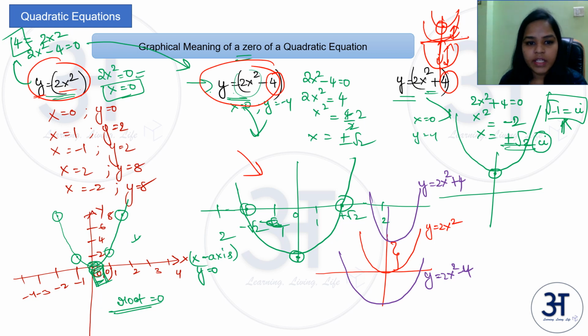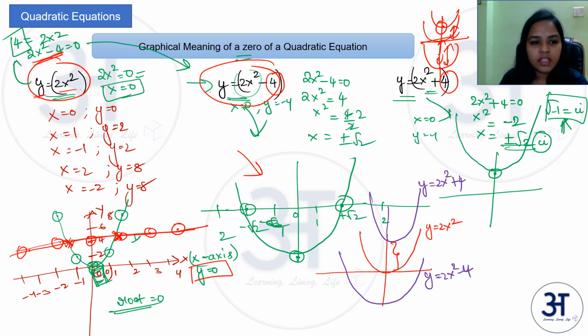What will be your y equal to 4 line? Y equal to 4 is where y is 4 constantly, irrespective of whatever point you take. Whatever is the x, y will be 4. So it will be this line. Right? So the points where this and this are intersecting are the roots of this equation. The same are the roots of this equation as well.